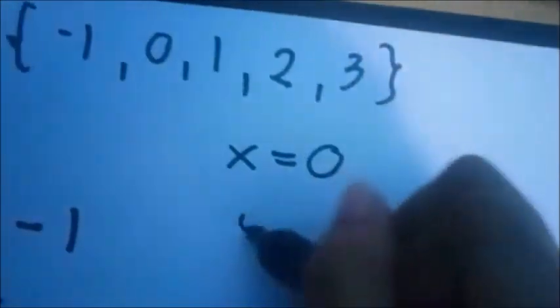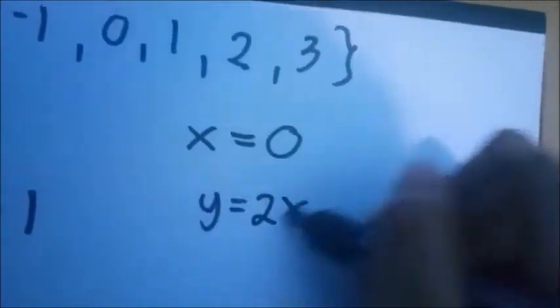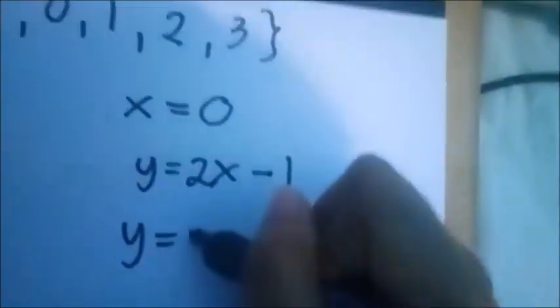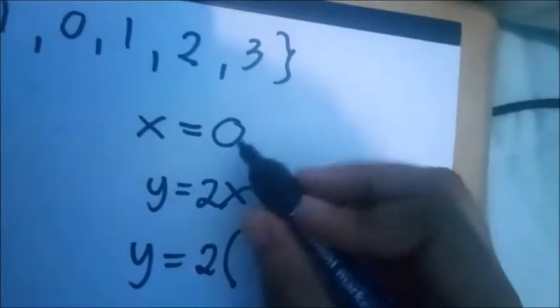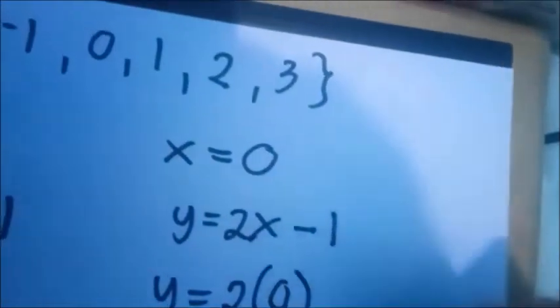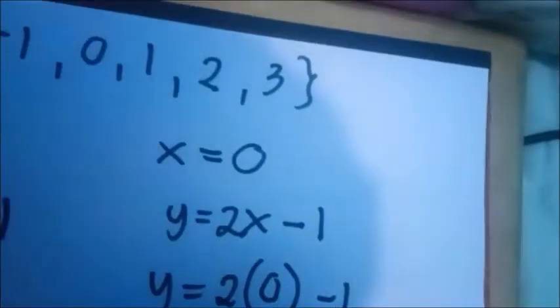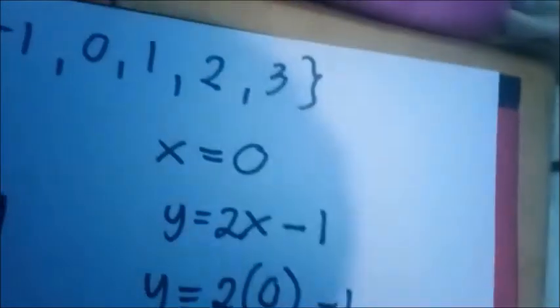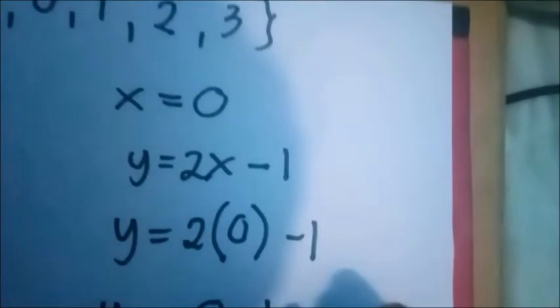Same equation, y is equal to 2x minus 1. So y equals 2 times the value of our domain, 0, minus 1. Y is equal to 0 minus 1. Then y is equal to negative 1.